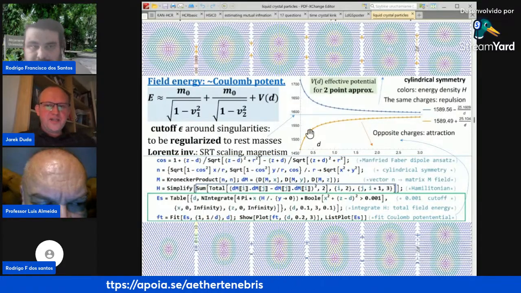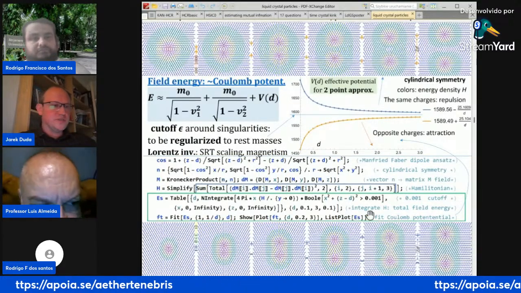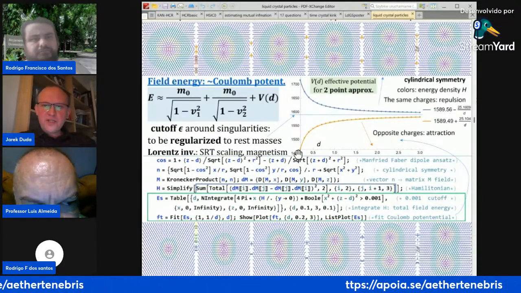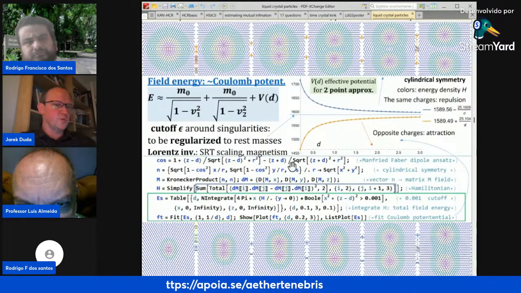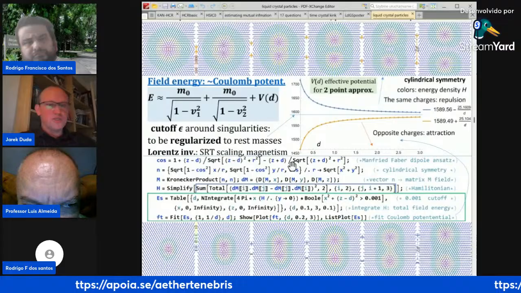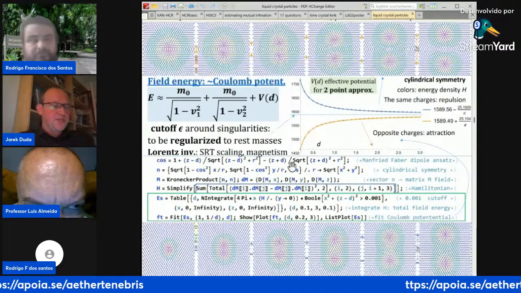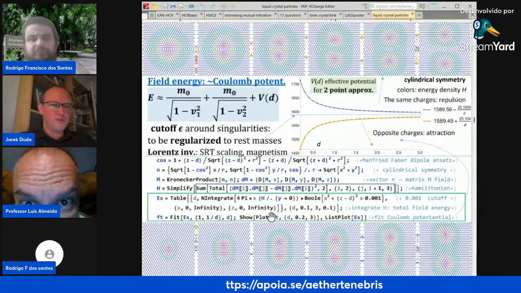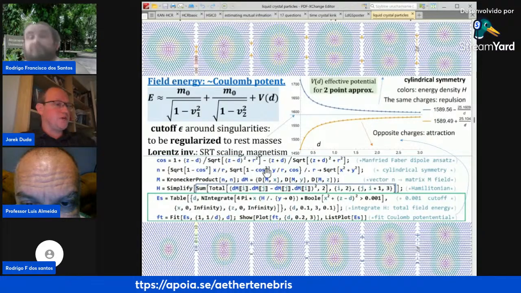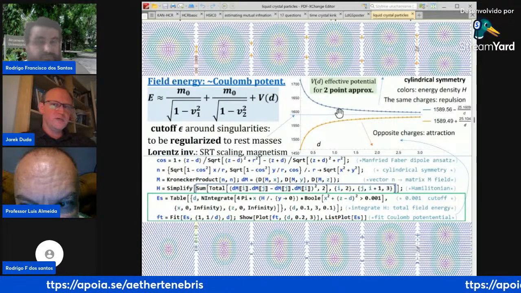The dots were calculated with Mathematica, and the line is a fitted 1/r, so a Coulomb potential. So we just derived that, indeed, by calculating energy through integration of the Hamiltonian, we get an effective Coulomb interaction between these topological charges.